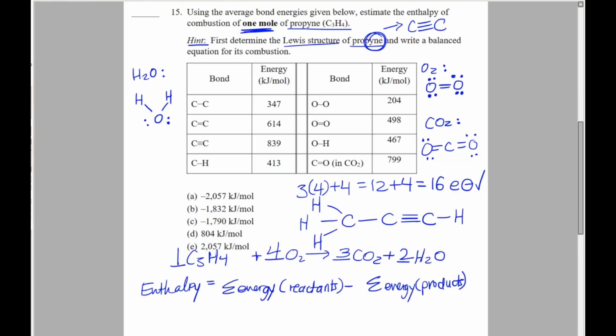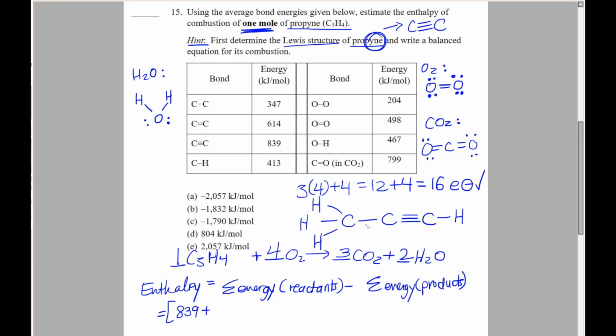Okay, so we can start by plugging in some values, which are given in this table. So we have reactants, we have this C3H4. We have one triple bonded carbon bond, which is going to be 839 kilojoules per mole, so 839.